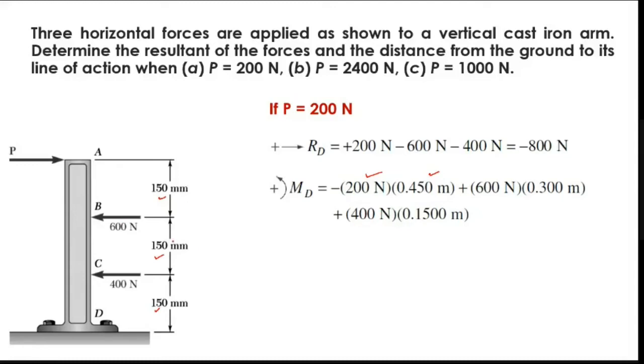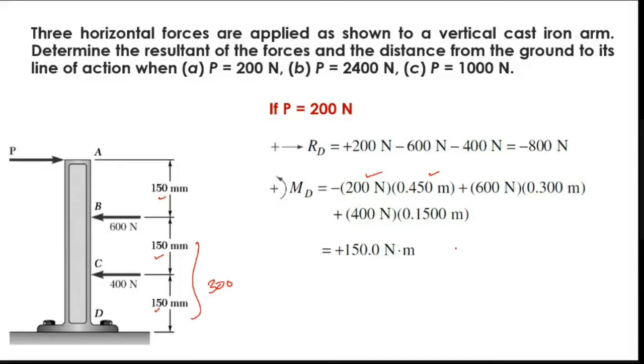So 600 into 300, and we are writing in meters, so it is 0.3. And similarly, 400 into 150. This is my overall moment.